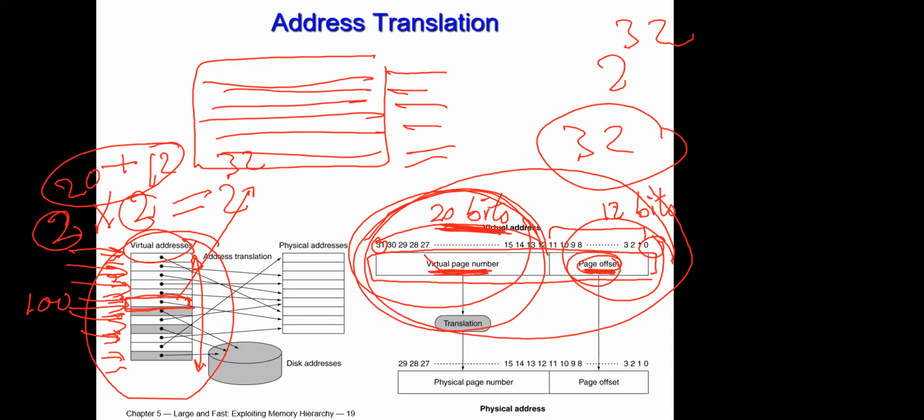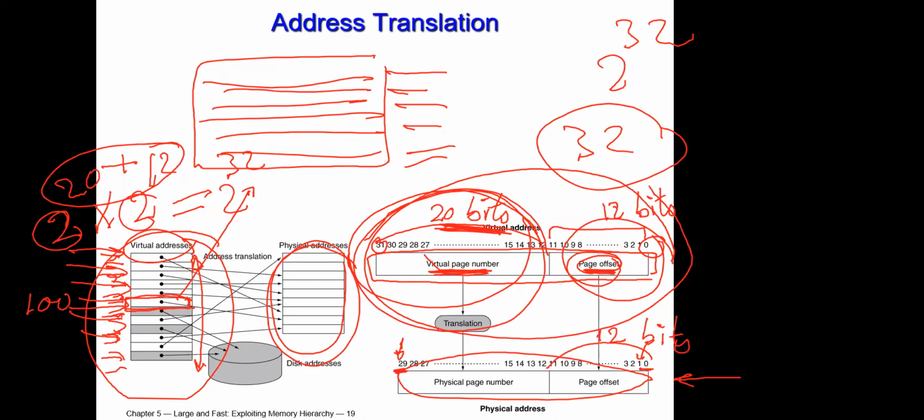The same applies for the physical addresses here. For these physical addresses, in this example, we have chosen that instead of having, as usual, 32 bits, we have only bits from 0 to 29, which means that we have only 30 bits. This is for my physical addresses. I will take out of these bits the 12-bit offset as before. The rest here will be 18 bits.